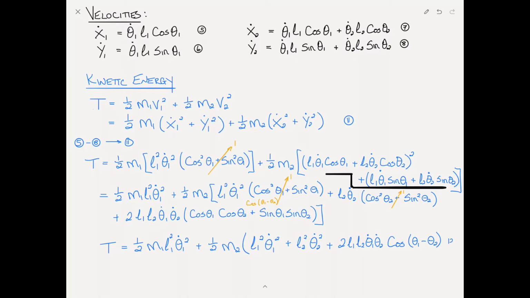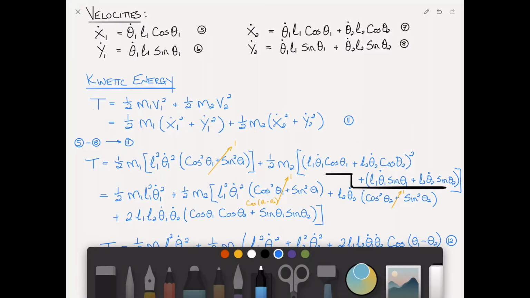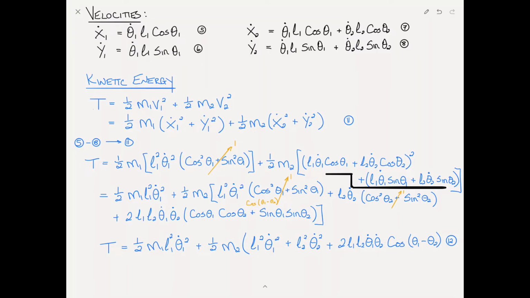And that is our expression for kinetic energy. Let's put a box around that because we'll use that in a little bit.